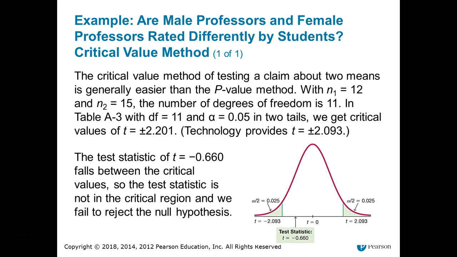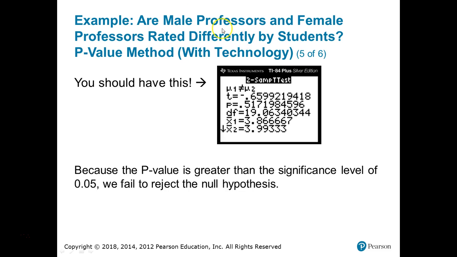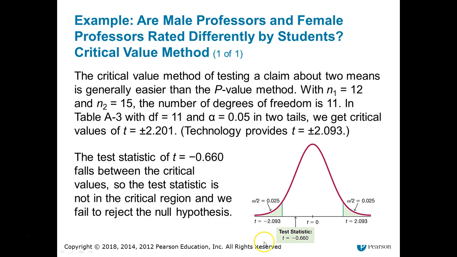We get critical values of plus or minus 2.201. The test statistic was negative 0.660, as you can see right here. So it would appear not in the green shaded region, so we fail to reject the null hypothesis.